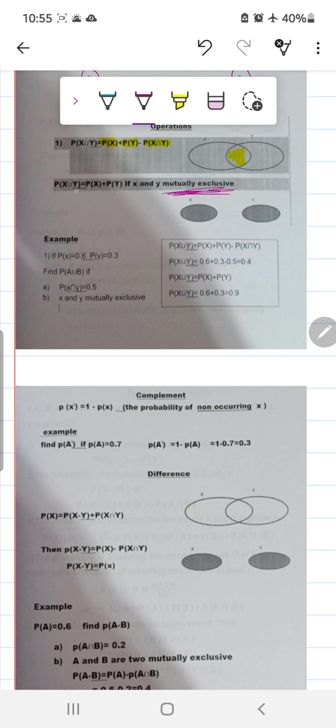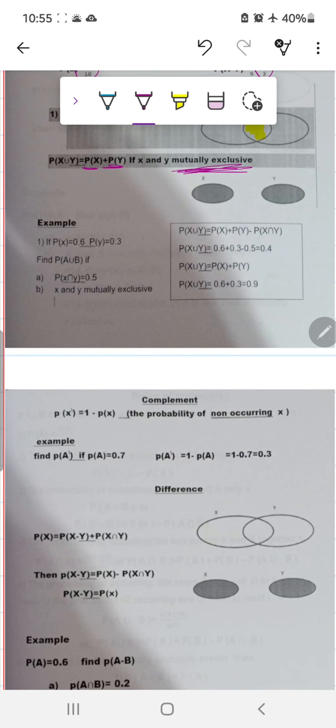So the rule here will be probability of X plus probability of Y minus the intersection. We have an example.